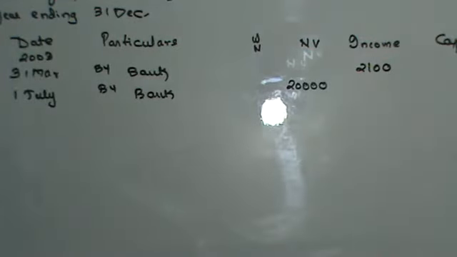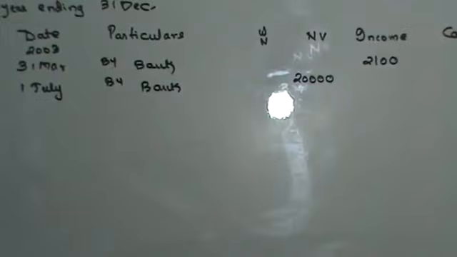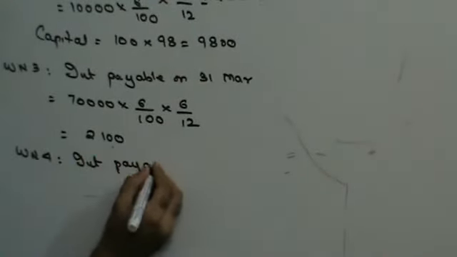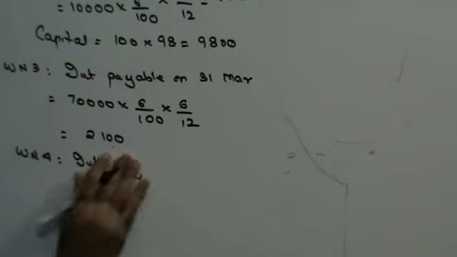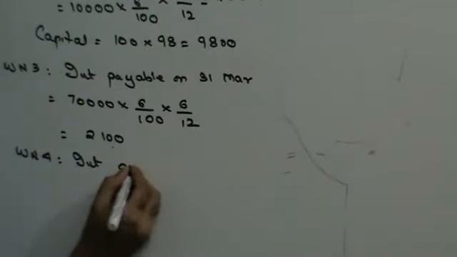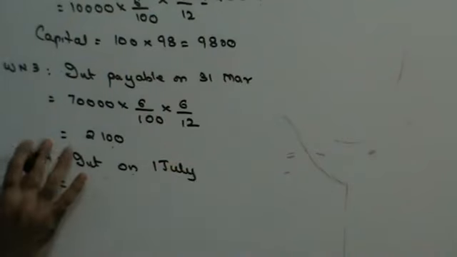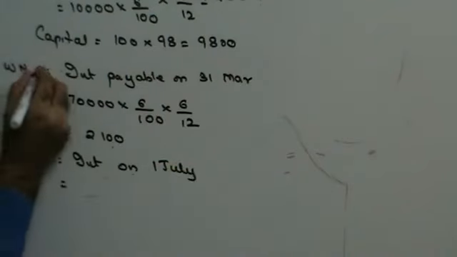Let's calculate the working note, guys. Working note 4. Interest due on 1st July.